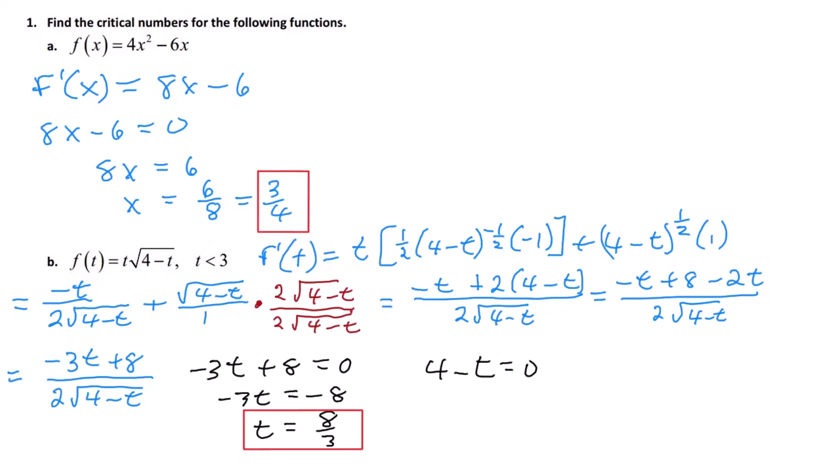And I get this. Where t is 4, then that would be another critical number, except for the fact that we're only searching for values of t less than 3. Go back and check. So that means the only one for the interval we're talking about that is a critical number is where t equals 8/3.